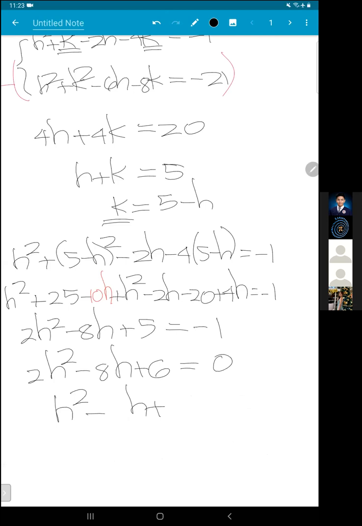H squared, sorry, minus 4h plus 3. Okay. So ito ay factorable na. H minus 3 times h minus 1. Okay.